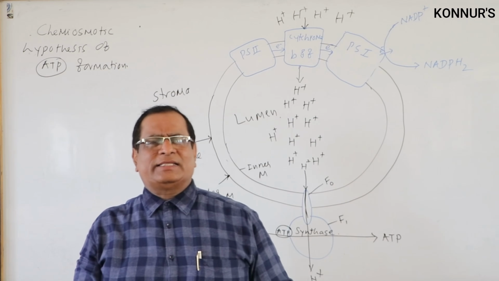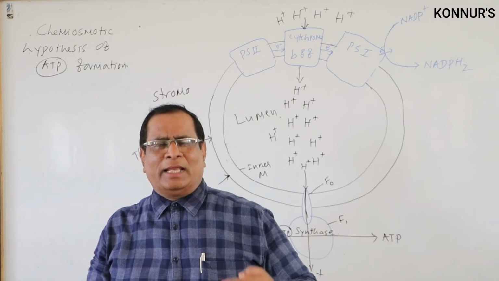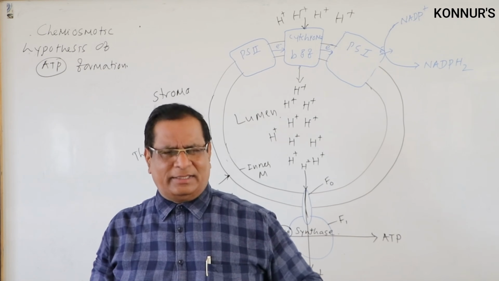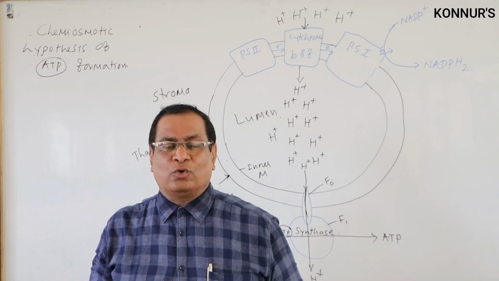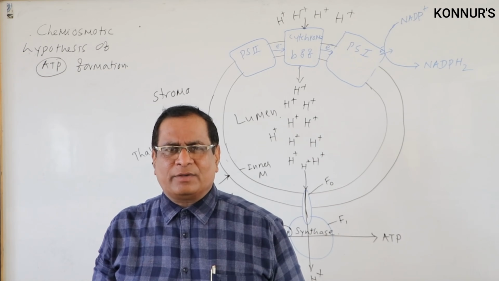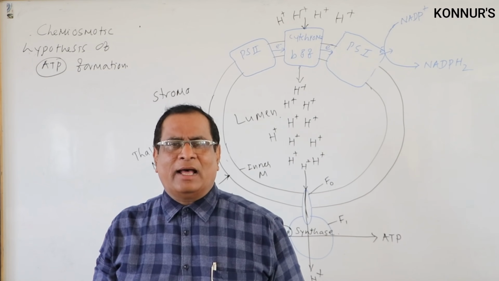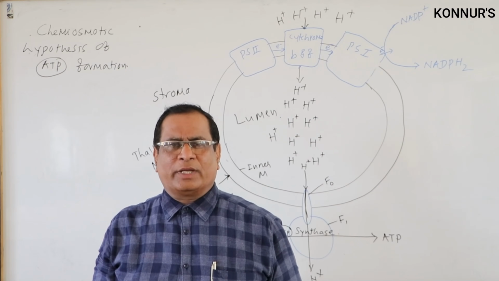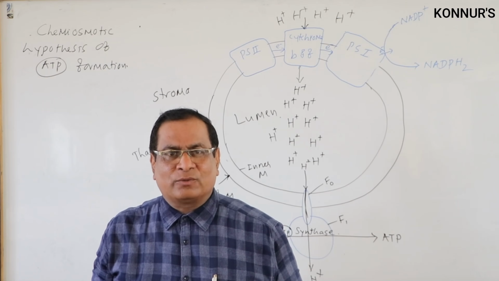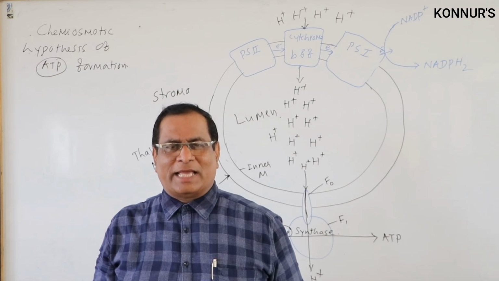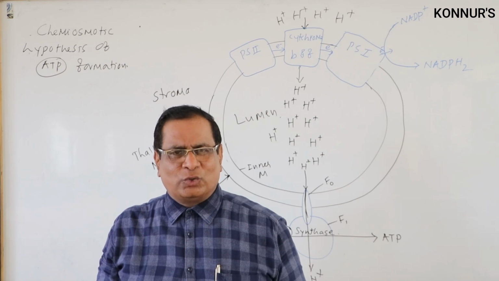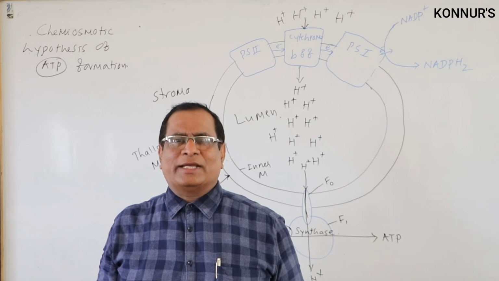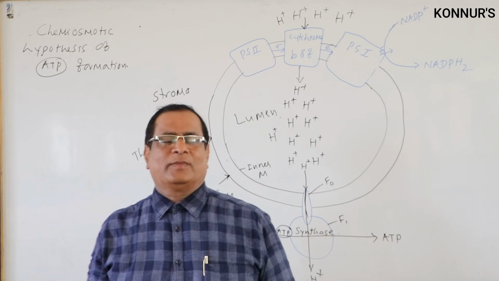They are designated as cytochrome A, A1, A2, A3, B1, B2, B6, like this. There are many cytochromes. Cytochromes belong to which group of organic compounds is a NEET question? Cytochromes belong to proteins, and they are electron acceptors.